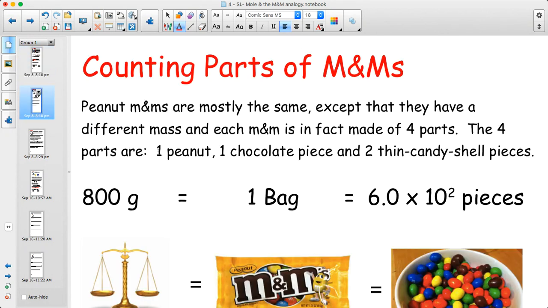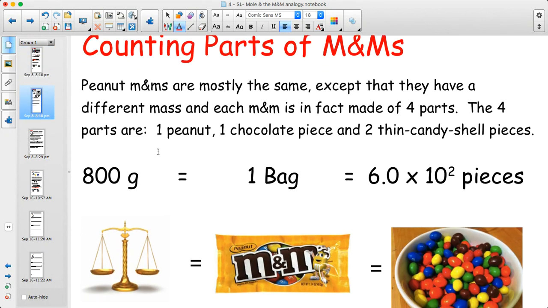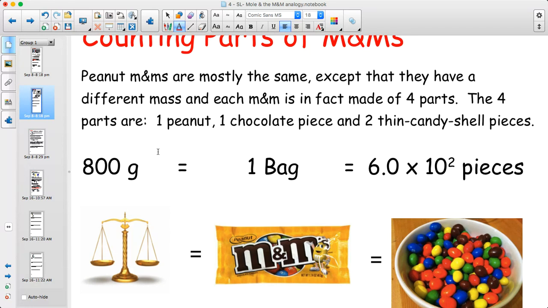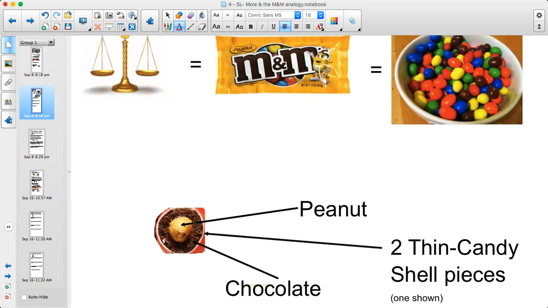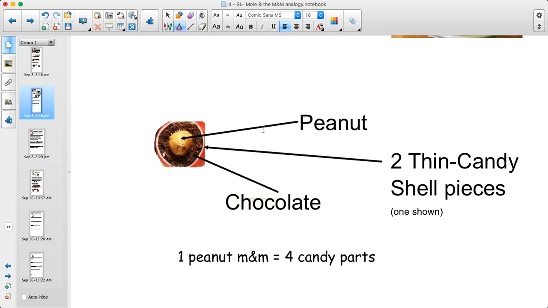Okay. We could also take this one step further, as the IB will when we talk about particles. Some candies are just one solid piece, but maybe we would think of another candy that's actually made of multiple different candy pieces. So again, sticking with M&Ms, now I'm looking at a peanut M&M and considering that a peanut M&M is actually made of multiple parts.